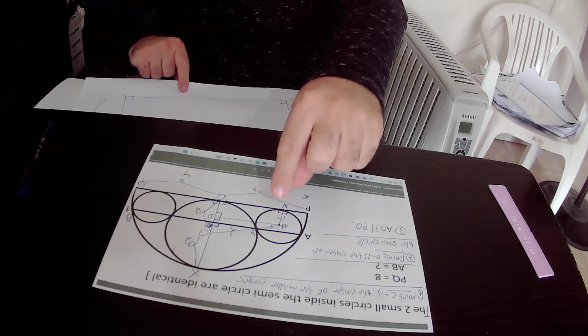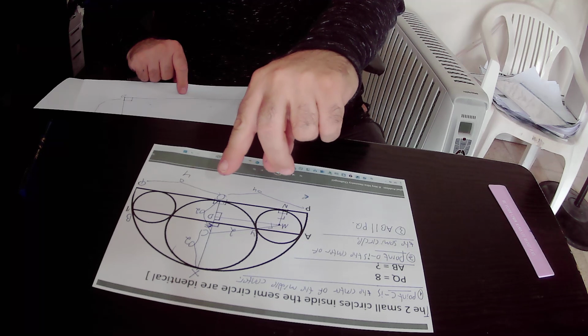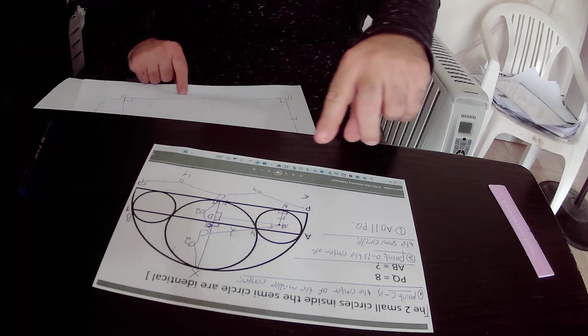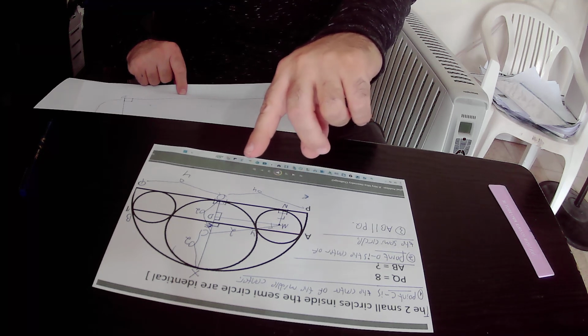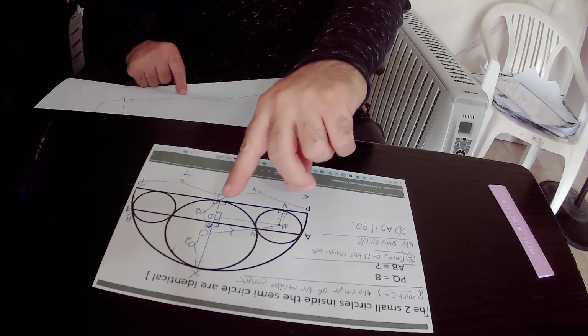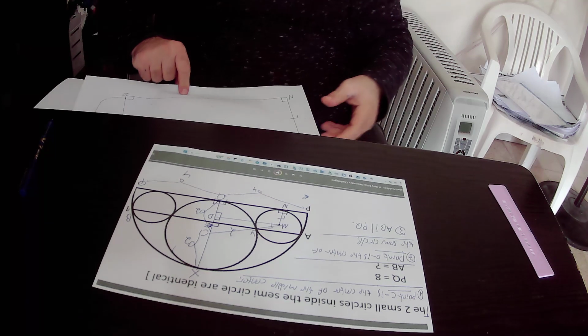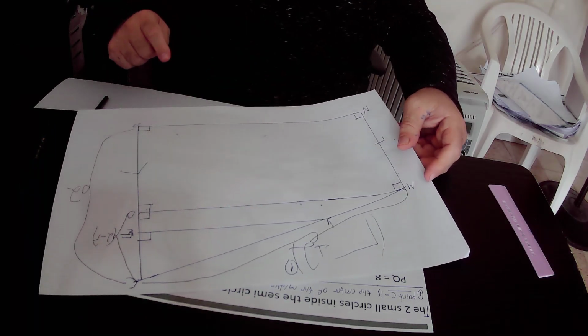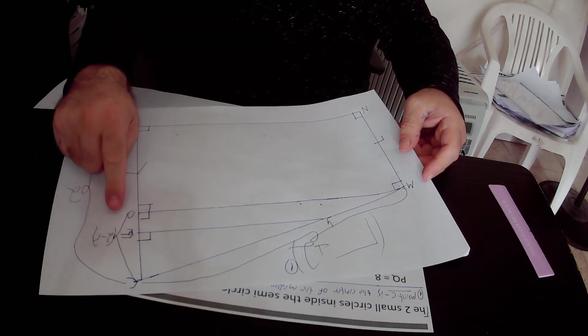The radius of the small circle is R, and the radius of the middle circle is 2. Therefore, the distance between their centers, that is to say MC, equals R plus 2. And CD equals 2 minus R.